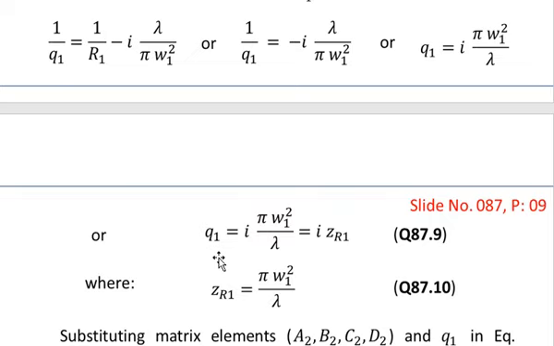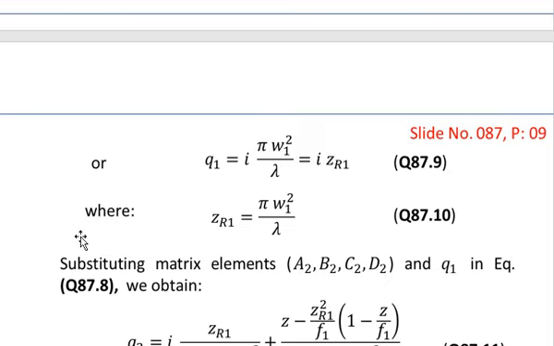So Q1 can now be written as Q1 is equal to iota times pi W1 squared over lambda. This is what we have derived, for example, over here. But we can set that equal to iota times ZR1. Because Q1 is the complex radius of curvature, we can set its value equal to iota times ZR1, where ZR1 is a real distance because we have separated iota from here, as shown in equation number 9.